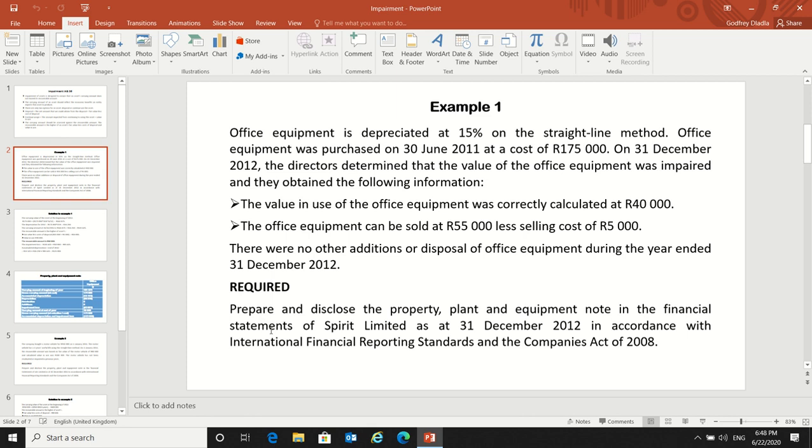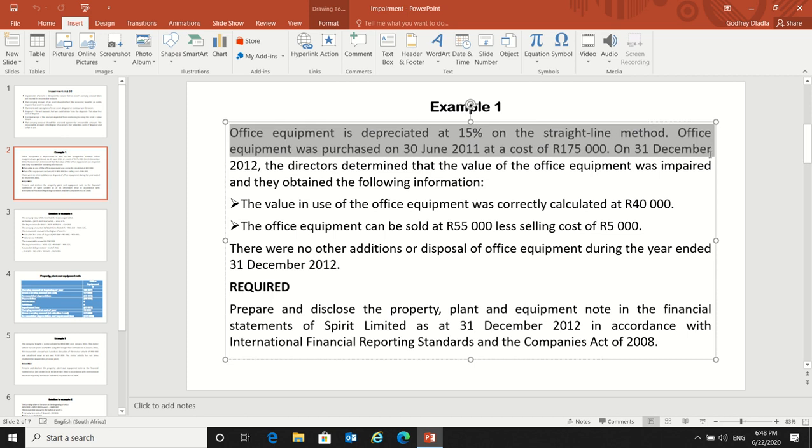Now let's look at an example in terms of applying what we are saying. These figures are also included in your study pack. I think it's example 2. The other one that follows is in example 3, right? Under PPE. Now here they're saying there's an office equipment that is depreciated at 15%. The office equipment was purchased on 30 June at a cost of 175,000. On 31 December, the directors determined that the value of the office equipment was impaired and they obtained the following information.